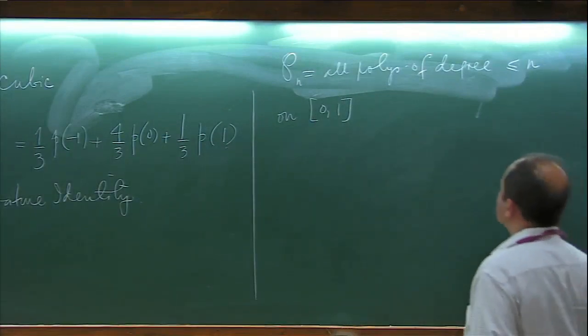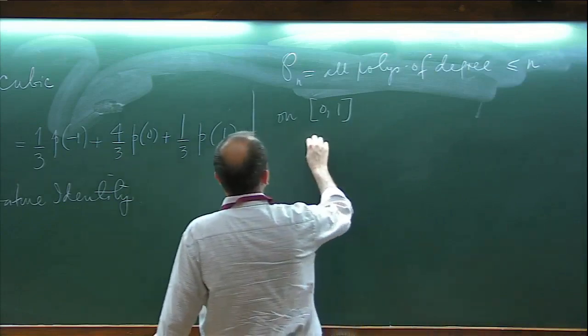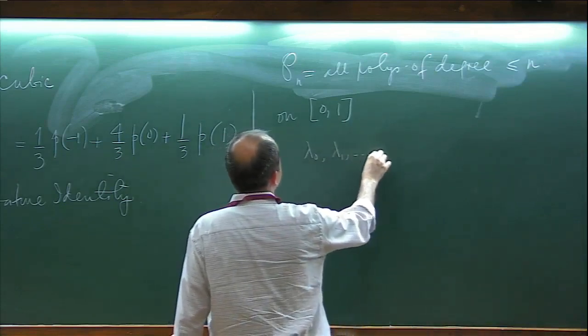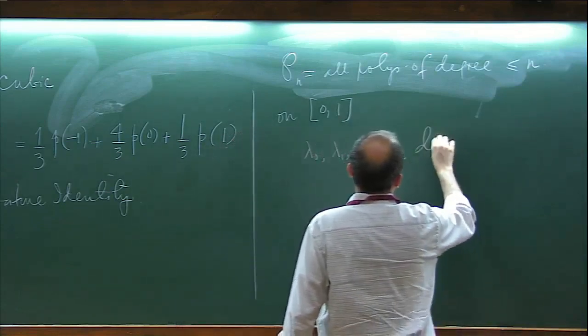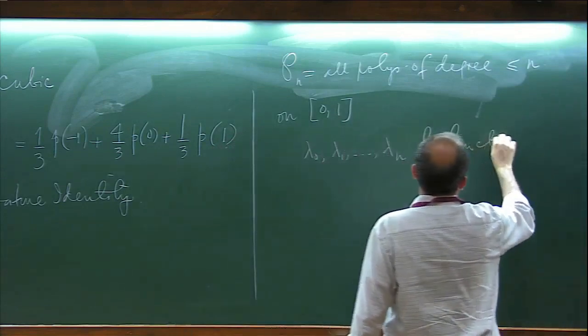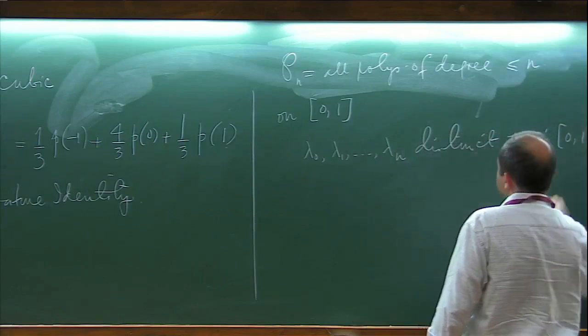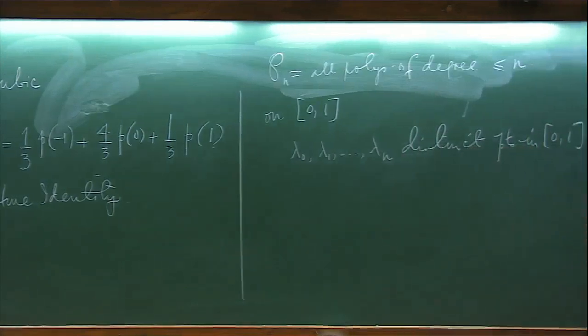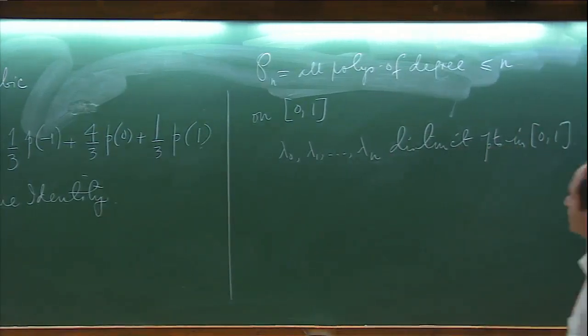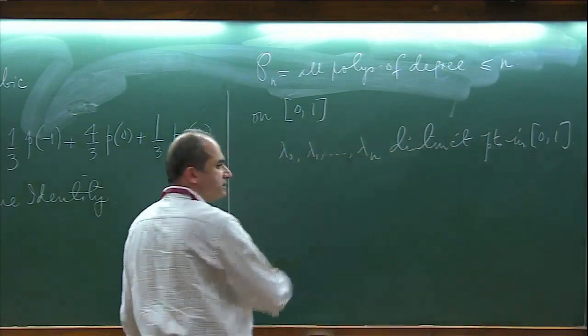I'm going to choose distinct points, say lambda 0, lambda 1, up to lambda n, distinct points in [0,1], and I'm going to look at the evaluations at these distinct points.